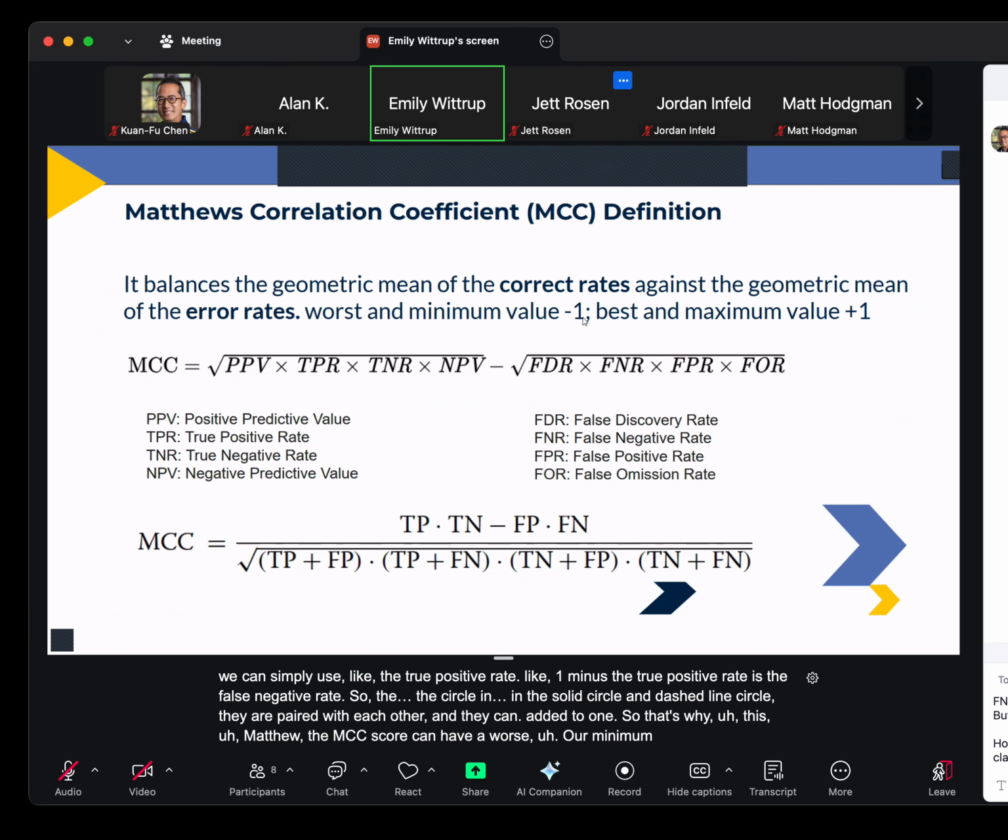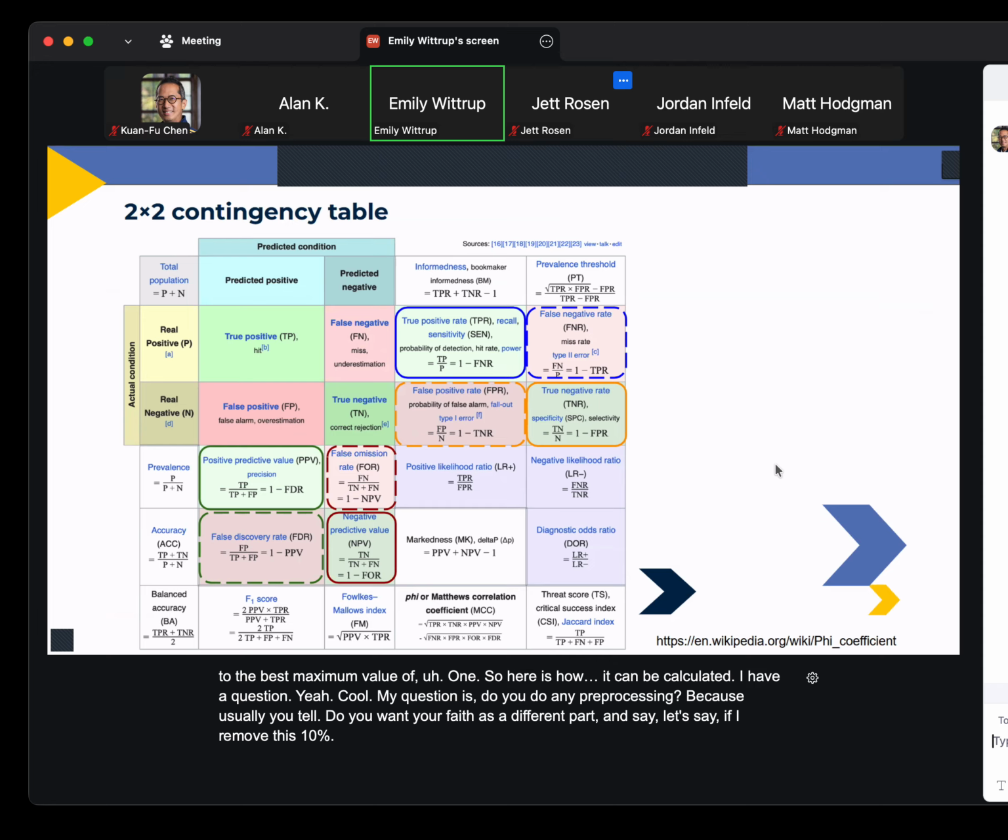My question is, do you do any pre-processing? Usually you can divide your data set into different quartiles. Let's say if I remove this 10%, my ROC will equal 0.9. I would suggest doing some RMSE or other mathematical calculations to understand which points have big diversity from the average ones.